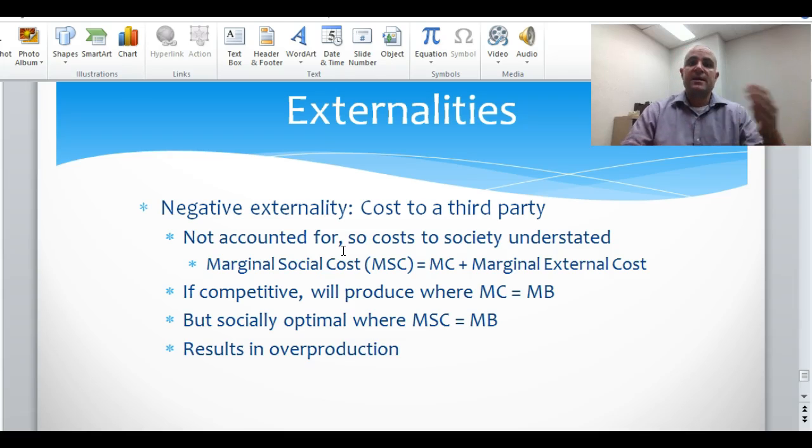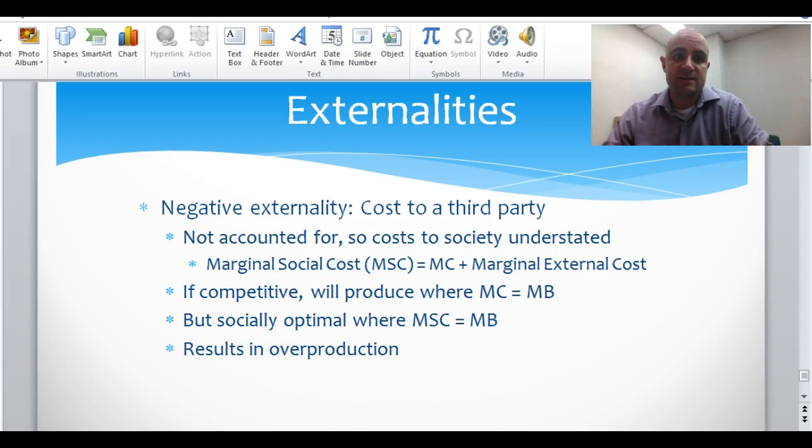Now, if it's a competitive market, what's going to get produced is that point where marginal cost equals marginal benefit, that equilibrium. But what is socially optimal is where the marginal social cost equals the marginal benefit, because that is the amount that is best for society.